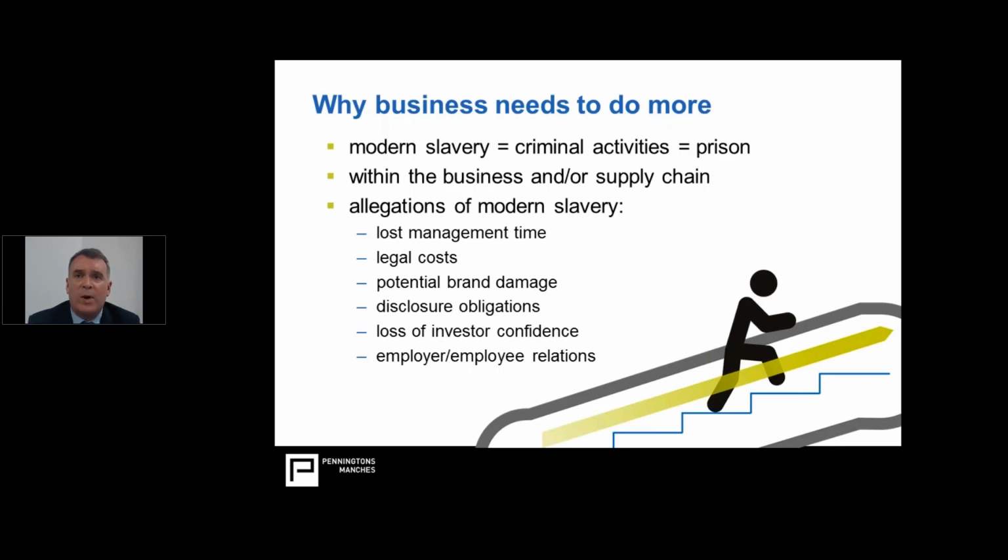Then think about what would happen if you lost investor confidence. You know, it's the old adage of no smoke without fire. And what I'm basically talking about here, just remember, modern slavery, it's criminal. It's often hidden, it's often covert, but criminals rely on an unwillingness to report in order to perpetuate their crimes of modern slavery.